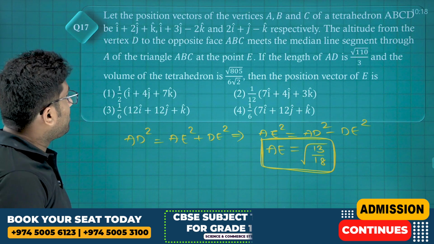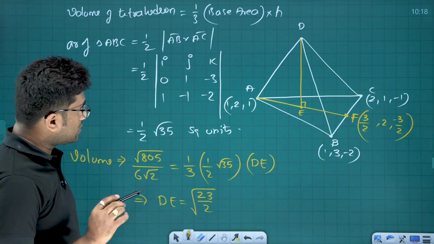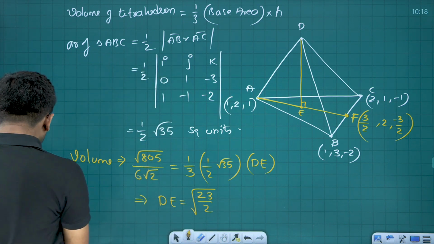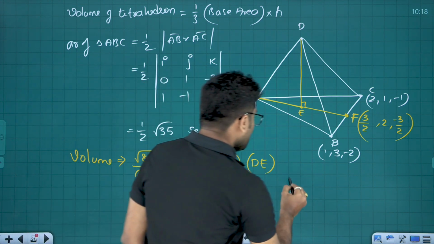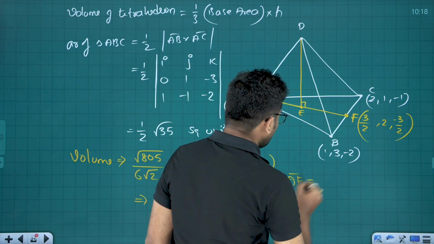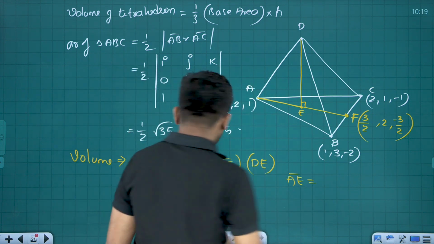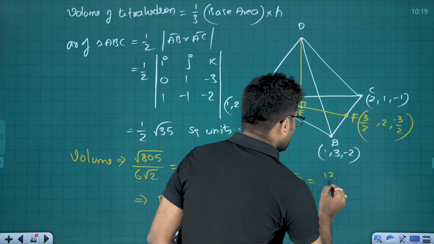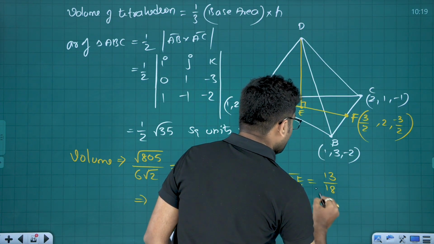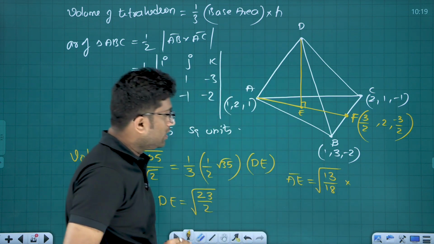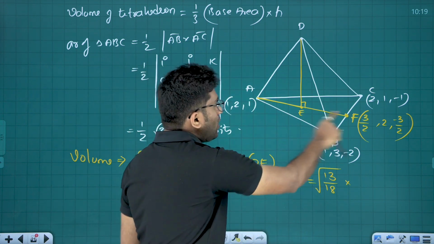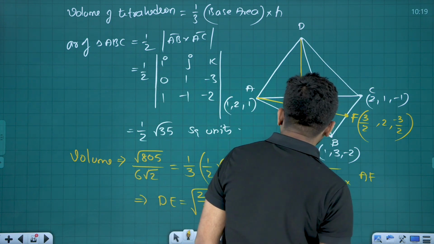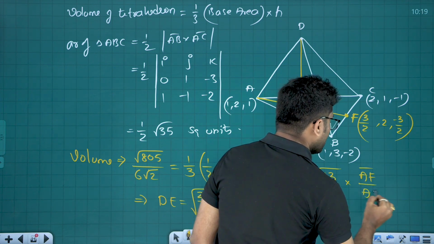After getting the length AE, we will find the vector AE bar. The modulus of AE bar is root over 13 by 18, and this is in the direction of AF bar, so we can write it as AF bar by mod AF bar.